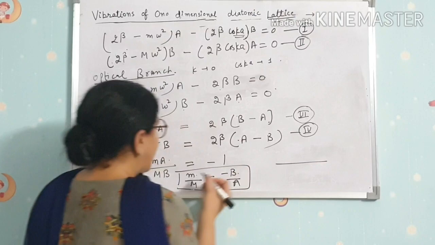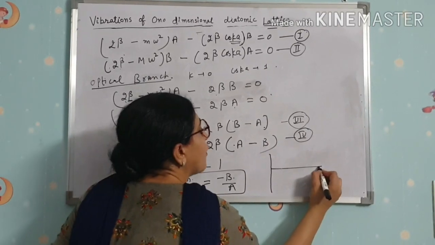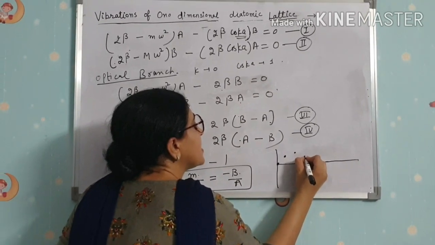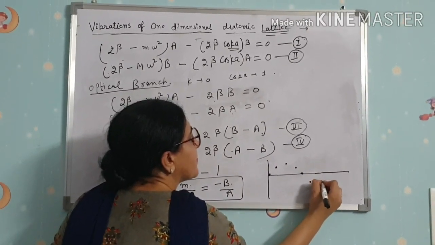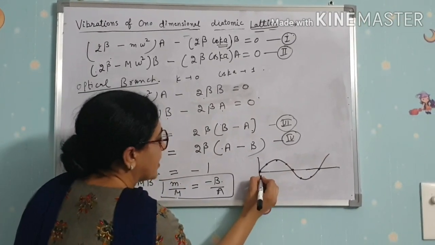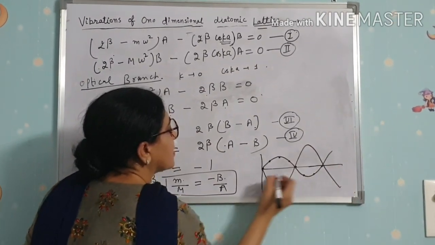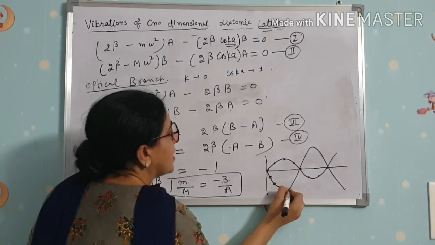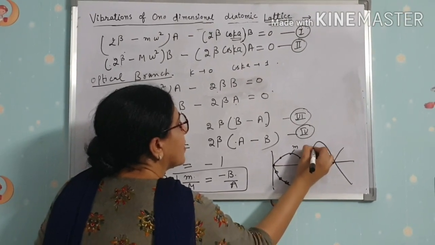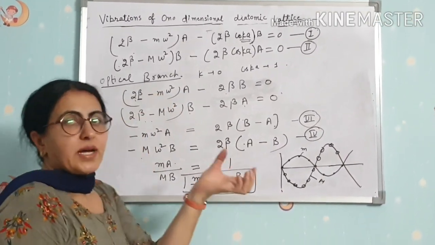If we take small m equal to capital M, then A equals minus B. So the atoms for the optical branch move like this: the lighter atoms go like this, then the heavier atoms go like this. Small m and capital M move in opposite directions for the optical branch.